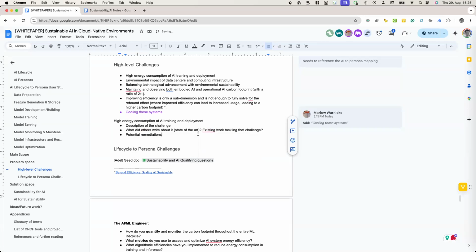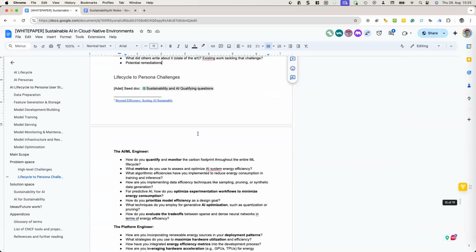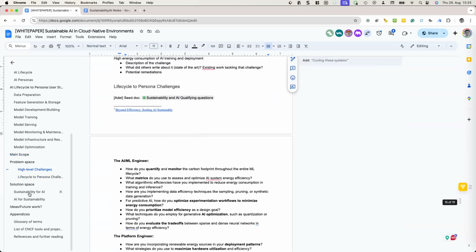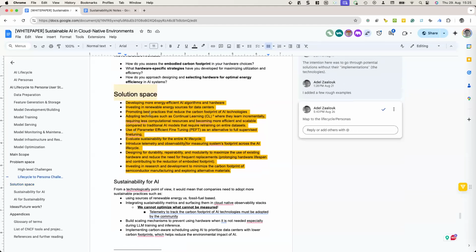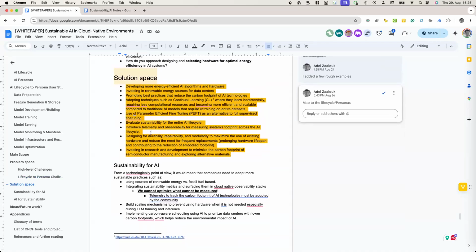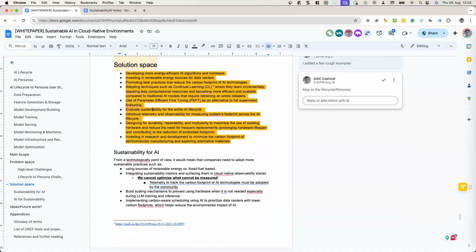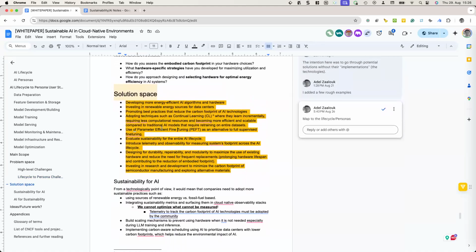And then potential remediations is how you would solve it. For example, on the solution space that I added here, you could have tools like confidential containers and confidential computing, encryption, or parameter efficient fine tuning.